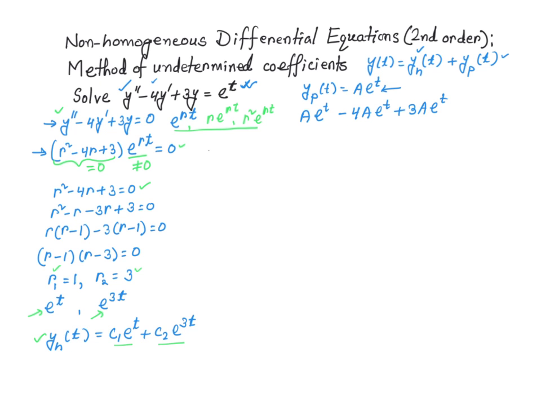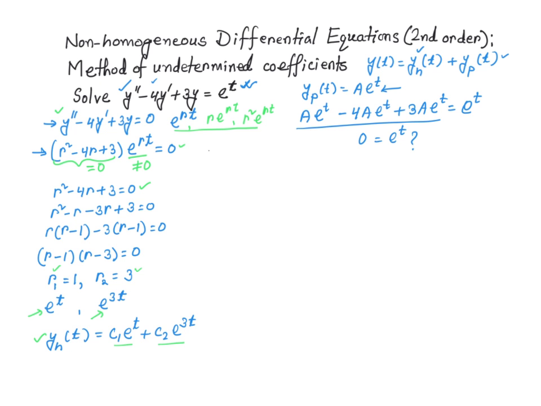That's supposed to be equal to, sorry, not 0, e to the power t. If I simplify the left hand side, I get 0 is equal to e to the power t. That's not true. We have a problem here. Obviously, e to the power t is never 0.